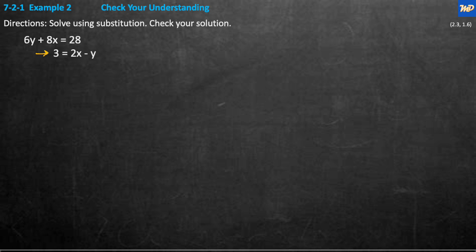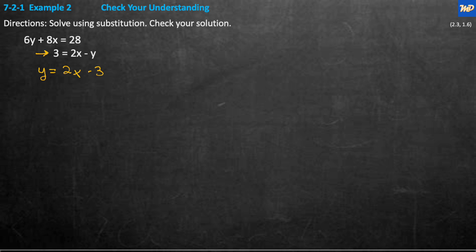When we do that, we get positive y is equal to 2x minus 3, because the negative y becomes a positive y on the other side, and the positive 3 becomes a negative 3 on the right-hand side. So now we have y is equal to 2x minus 3.